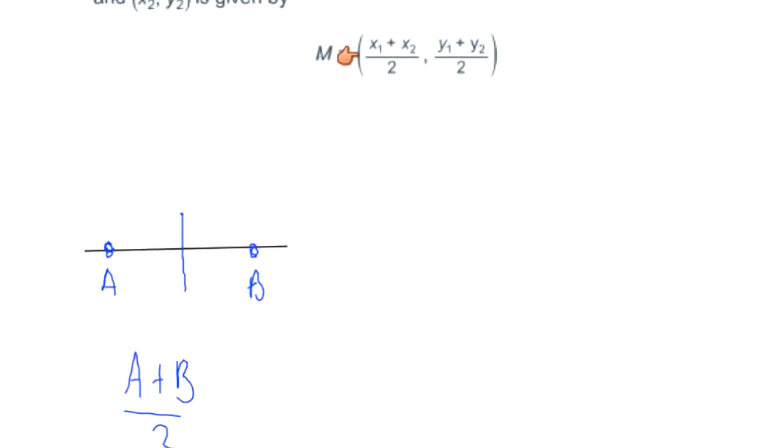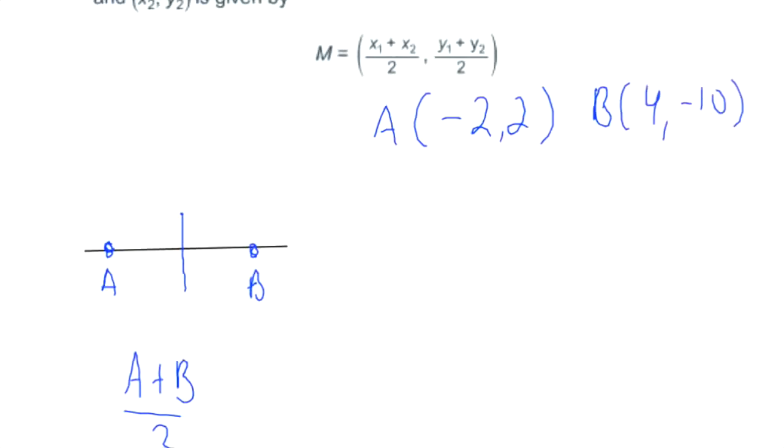So let's use our same coordinates as last time. Let's say A was -2, 2, and B was 4, -10. And let's try and find the midpoint for those two. I'll give you a minute to try and plug in your numbers, and then I'll show you my work.